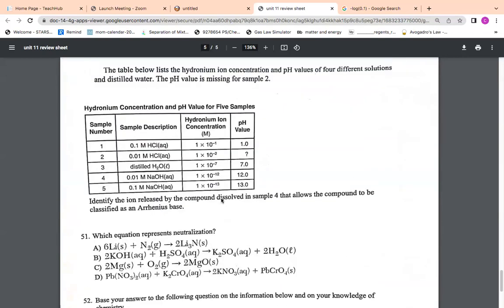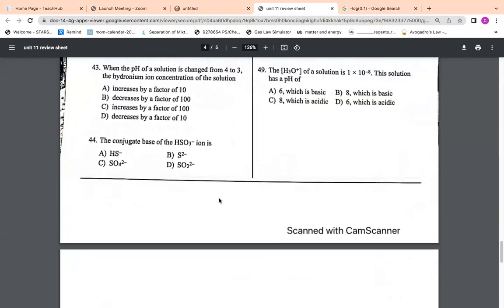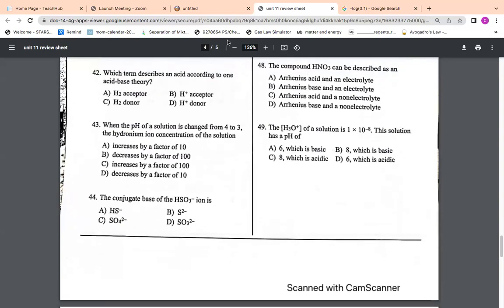Okay. Where is 49? Oh, okay. I just went too far. Number 49, the hydronium concentration. When they put a substance like this in brackets, I actually did not say this in class, my apologies. The brackets mean that they're talking about the concentration of this thing. So they're saying that the concentration of hydronium is 1 times 10 to the negative 8 molar.